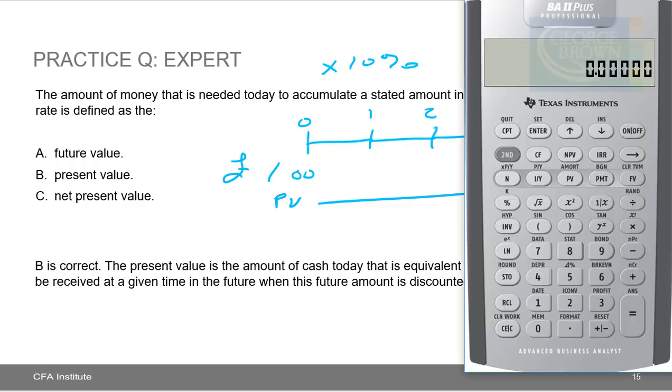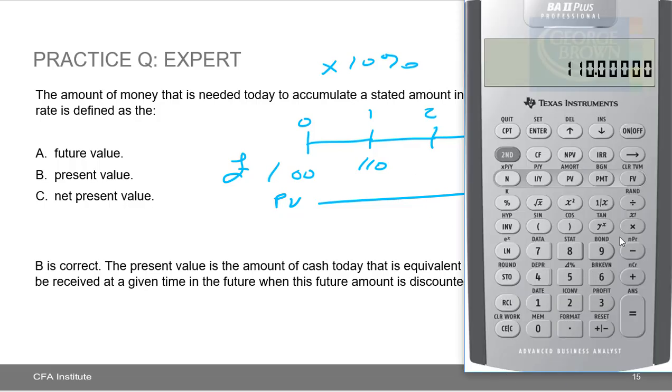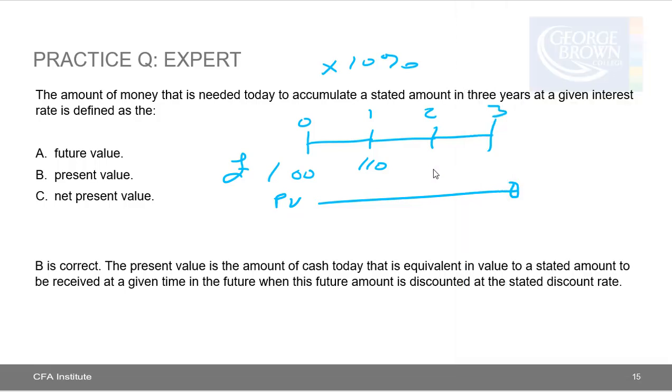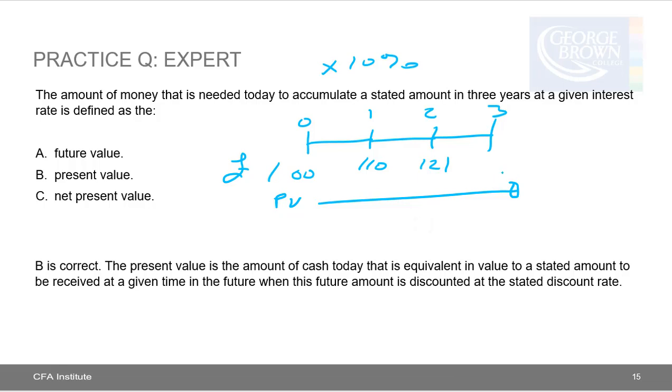So if I just bring up the calculator very quickly, we start with £100, multiply it by 1.1 for year 1, and we would have £110 at the end of year 1. Bring up the calculator, multiply that by 1.1. At the end of year 2, we'd have £121, and at the end of year 3, multiply that by 1.1 again, times 1.1. You could see that we would have £133 and 10 pence, okay?